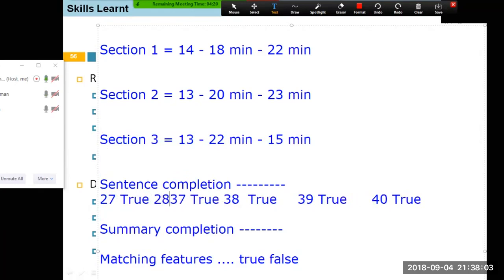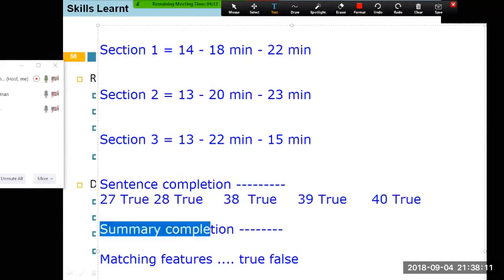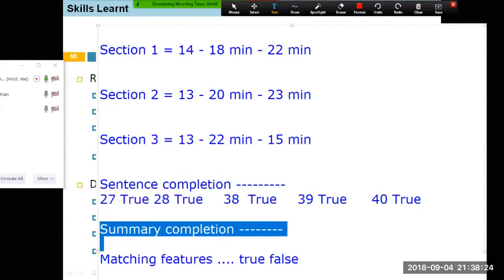Then you will find its answer right in the beginning, and you will find the summary completion and sentence completion answers later. So you have to be vigilant about that. If you skip true false questions and jump directly to summary completion, be vigilant that you may not find the answers right in the beginning. You got it, okay.